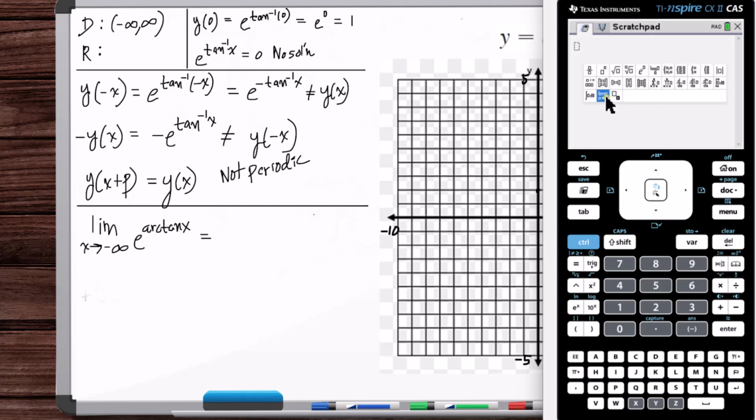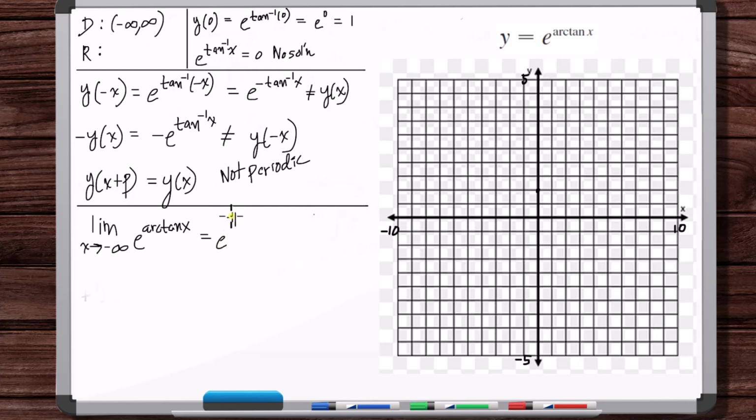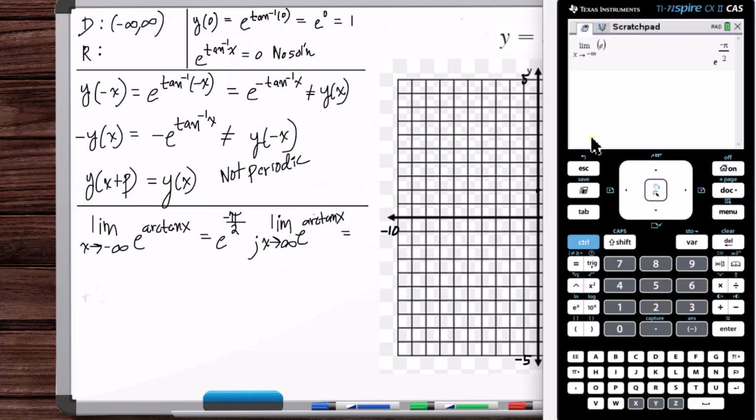So we take the limit as x approaches negative infinity of the function, e to the minus pi over 2. Okay, what is the limit as x approaches positive infinity of e to the arctangent x? E to the pi over 2.